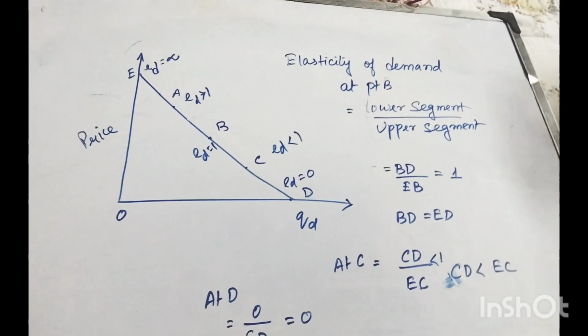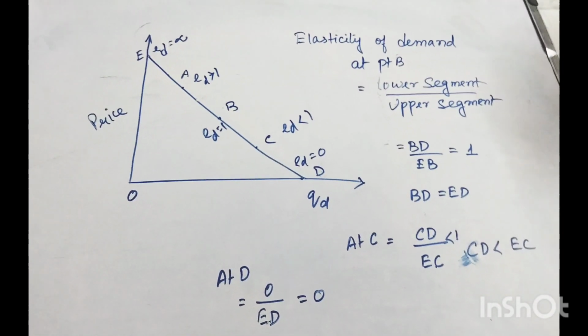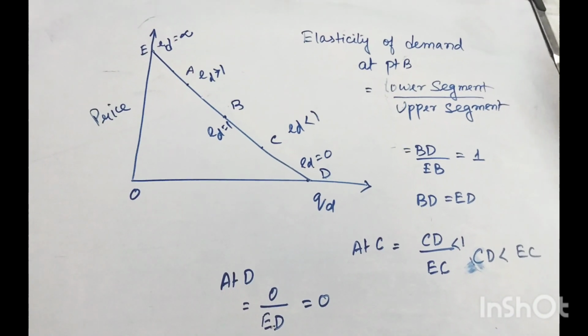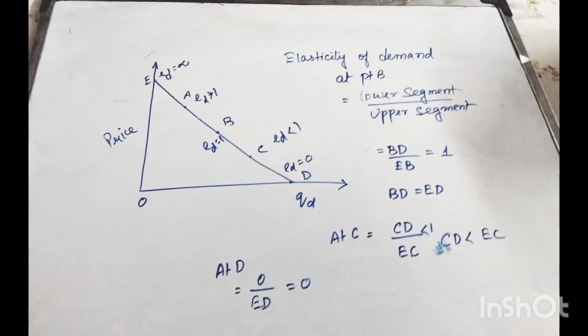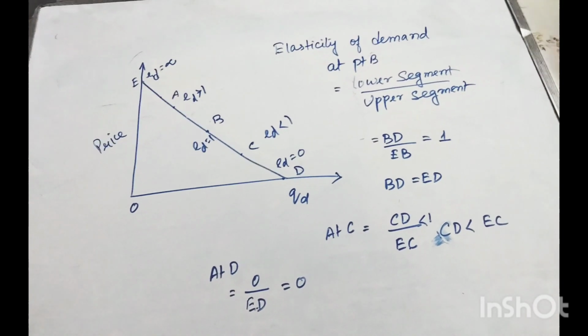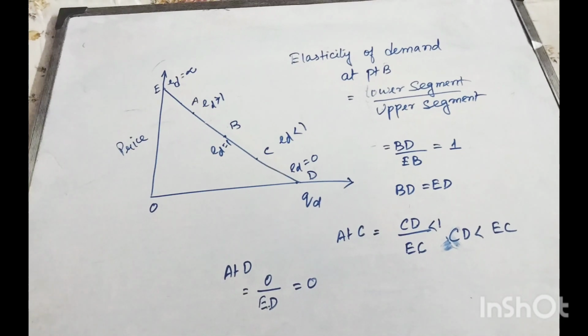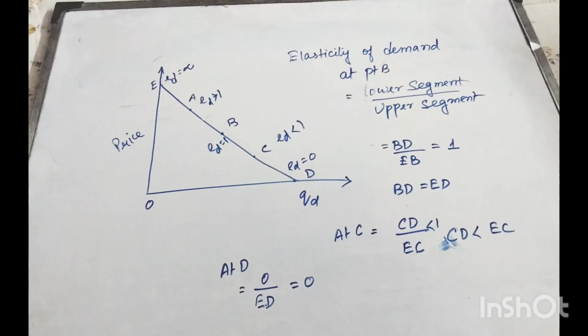So these are the different points where we can calculate the elasticity of demand. On the demand curve, we can get different elasticity of demand at different points. So this is also called point elasticity.